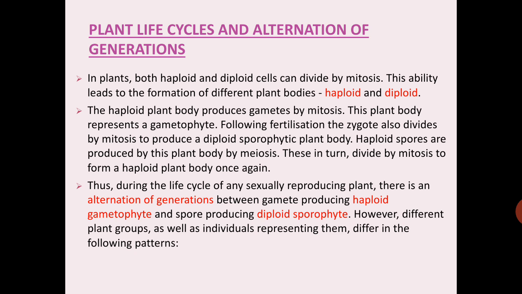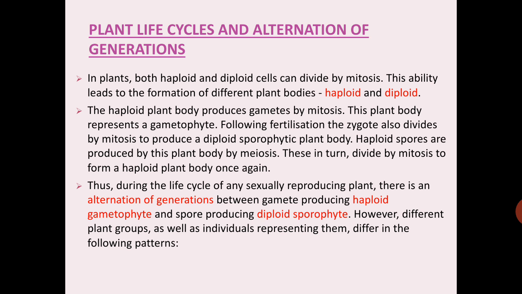Following fertilization, the zygote also divides by mitosis to produce a diploid sporophytic plant body. Haploid spores are produced by this plant body by meiosis. These in turn divide by mitosis to form a haploid plant body once again.